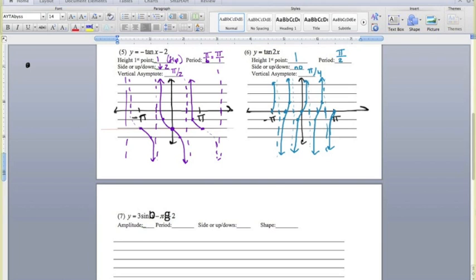So this one needs 3 fulls and 2 halves, or it needs 5 fulls to get you all the way from the negative pi to pi. Questions?